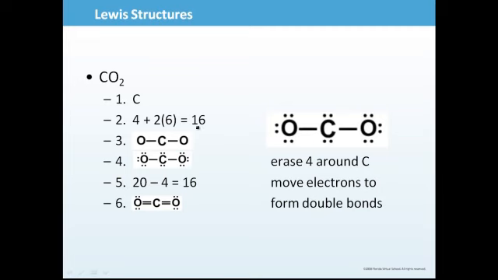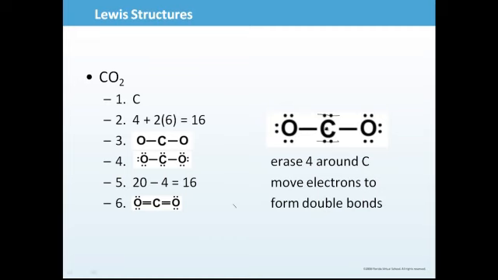We only had 16 to work with, so we've got too many. We need to get rid of 4 electrons. How would we do that? If you look over here on the right, I blew it up so you can see it better. If we take away the 4 electrons on the carbon, so we get rid of these here, we got rid of our 4 electrons.